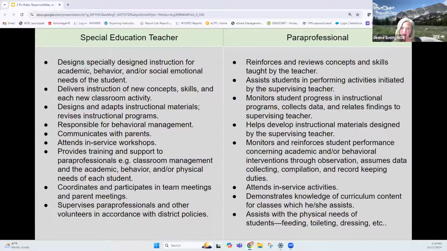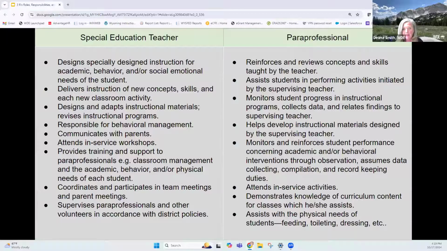But I did want to compare what a special education teacher and what a para does. Of course, these are not an exhaustive list, but it's just a quick snapshot of some differences here. I do want to point out some of the language under the special education teacher. What do you notice?